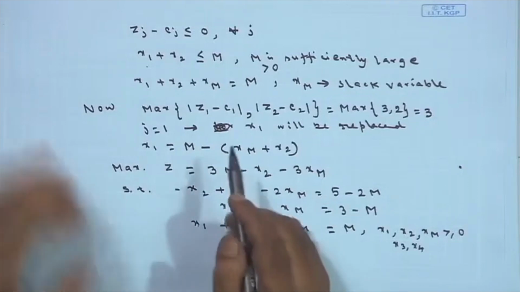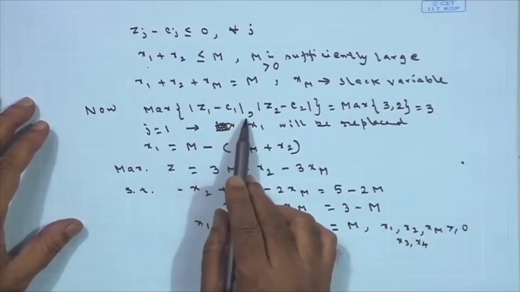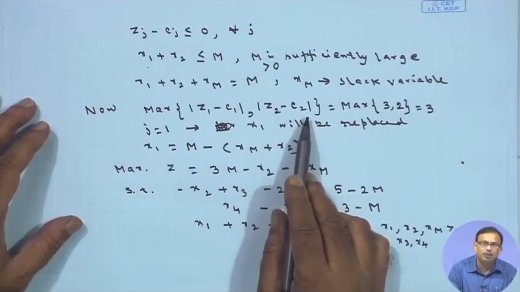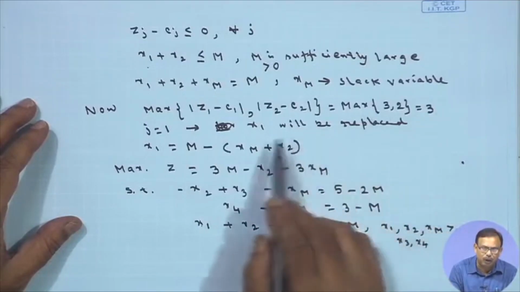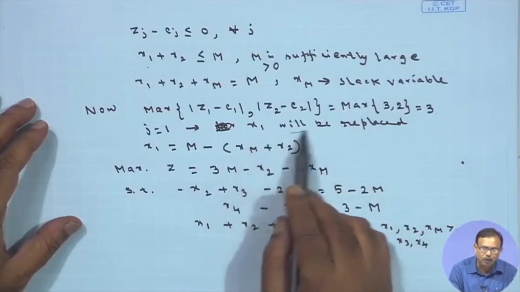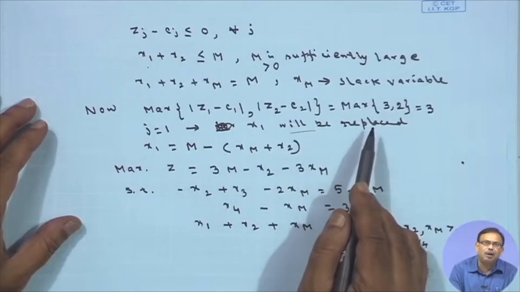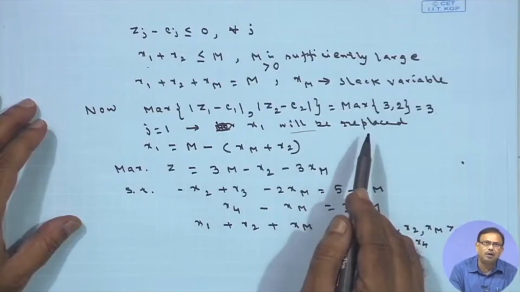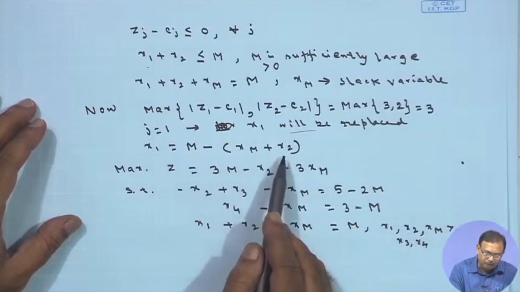I have to find the maximum of z 1 minus c 1 and z 2 minus c 2 in their modulus values, and I find the maximum is 3. The maximum 3 occurs with respect to column x 1, so the variable x 1 will be replaced in the original objective function and original constraints only, not in the new constraint, and the value of x 1 will be m minus this thing.